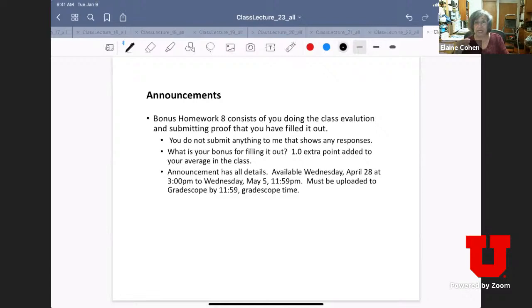It's not really a significant homework. If you look at what it says to do, this year they've changed the course evaluations so that they're buttons and we can see that you've completed them. There's a button that changes color and it says you've completed it. That's all we want. We don't want any information. This is anonymous.